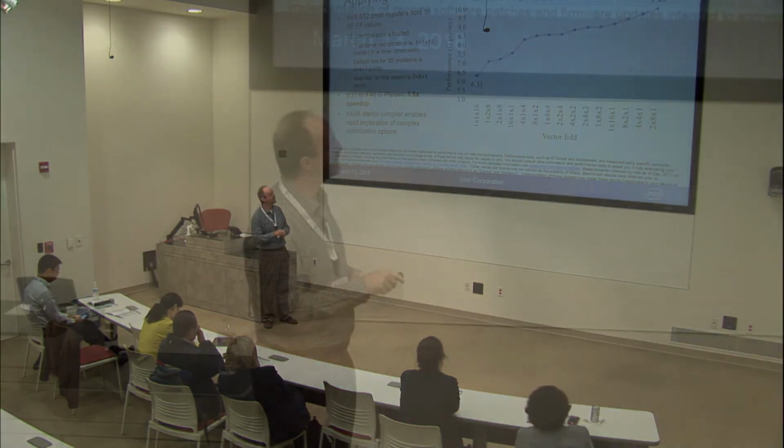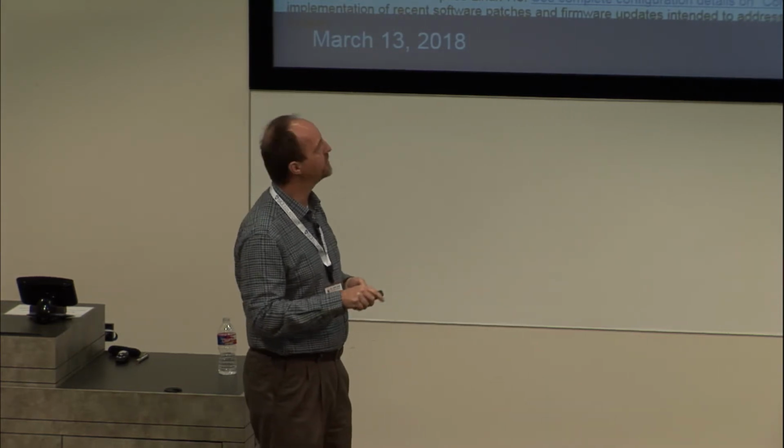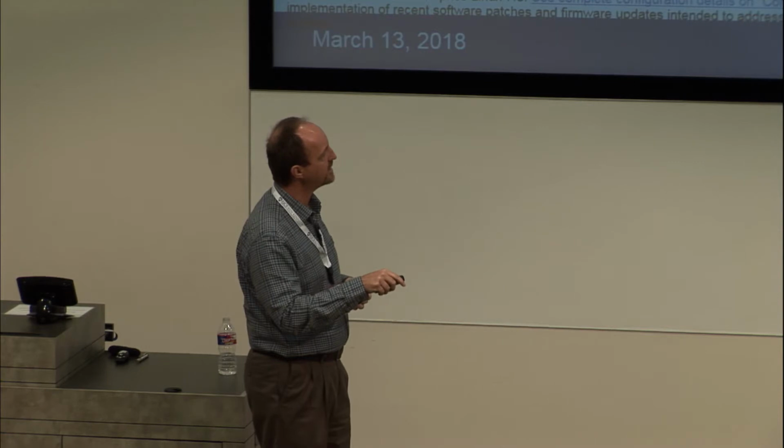Some of them are even three-dimensional. The default vector folding is actually 4x4x1, because that usually works pretty well. And it worked pretty well here. But it turns out for this larger stencil that a 2x8x1 is actually the best. And that, again, gave us something about 9.5 here. And by the way, I ran the block size auto-tuner on every one of these points. So the block size would also be tuned for the vector folding.